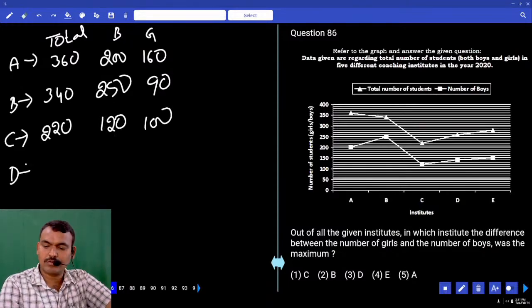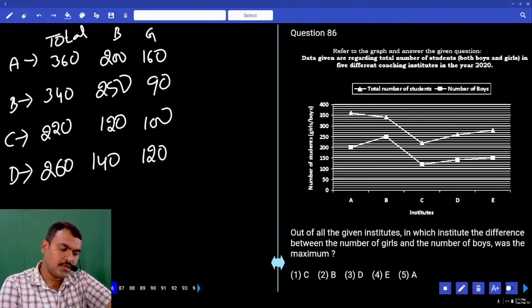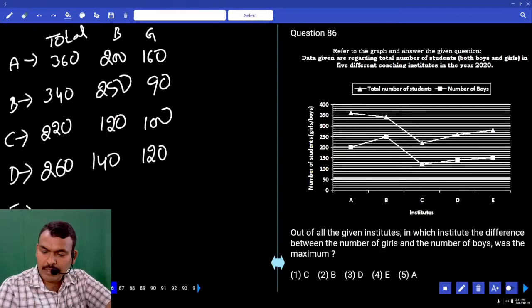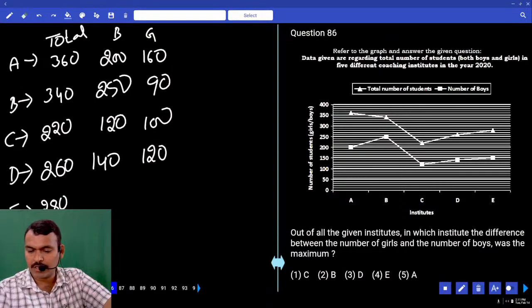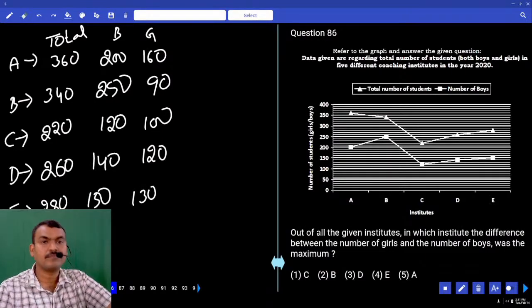Institute D, what is the total students? 260. Out of 260, boys are 140. Remaining 120 are girls. Institute E, what is the total students? 280. Out of 280, boys are 150. Remaining 130 are girls.